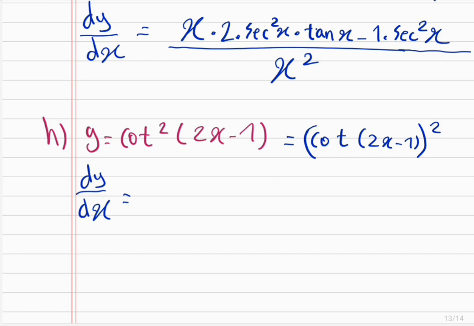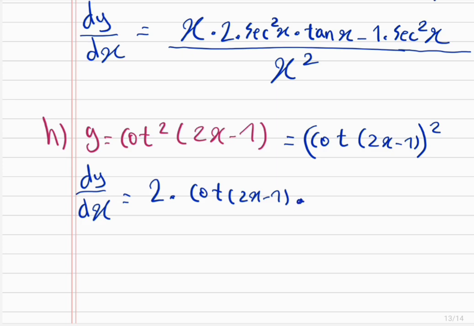The power comes down. That's the first step. Then as a second step, this time I'm just going to write down the inner function inside the bracket, and the power is going to be 2 minus 1. In this case, 2 minus 1 is just 1, so that doesn't change.